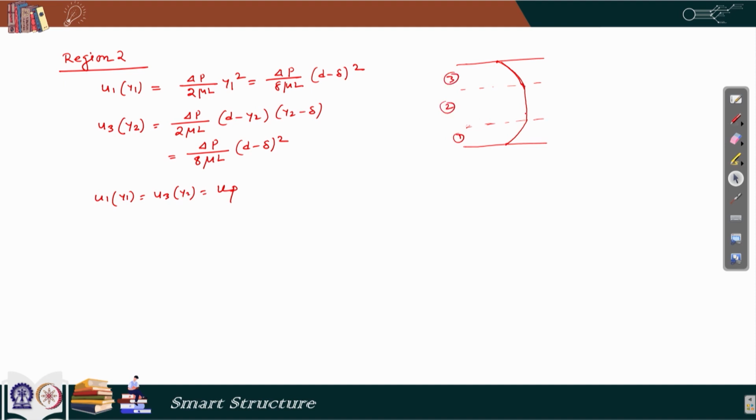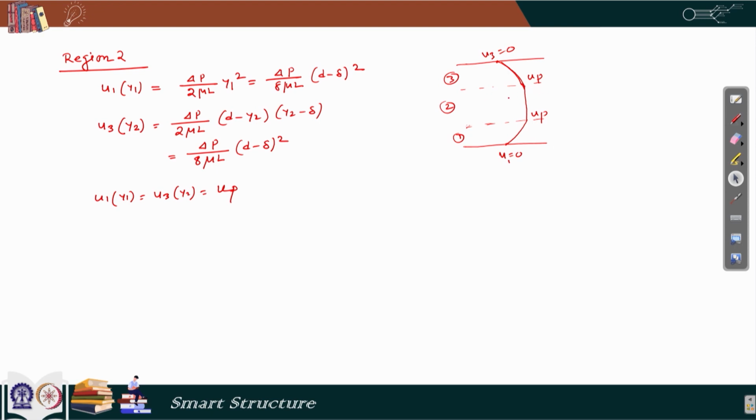Now, this constant velocity up is the velocity at which the mid region travels, and that is called a plug region. So, in this region, as we said, there is no velocity gradient.